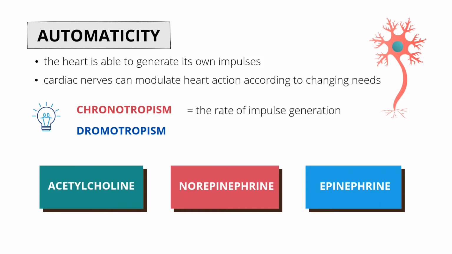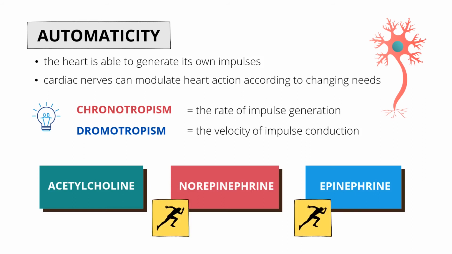Chronotropism refers to the rate of impulse generation, and dromotropism to the velocity of impulse conduction. Norepinephrine and epinephrine have a positive chronotropic effect, which means that they stimulate the heart to generate contraction impulses more frequently. They also have a positive dromotropic effect, which simply means that they stimulate faster conduction of the contraction impulse. Simply said, because of norepinephrine and epinephrine, our hearts will beat faster.